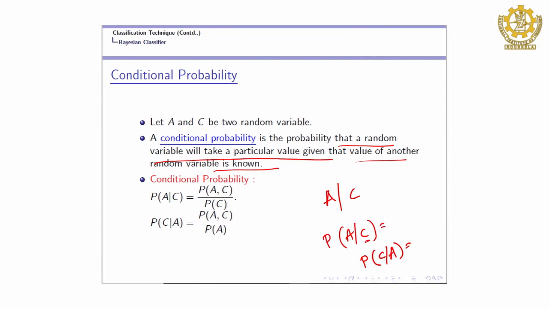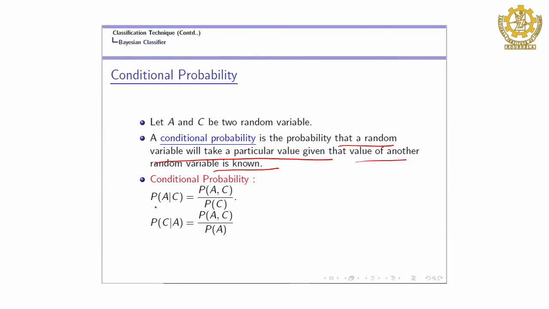When you know one thing has occurred, you find the probability of the other. Obviously A and C are random variables that are not independent of each other. Now, this is the Bayes conditional probability theorem.